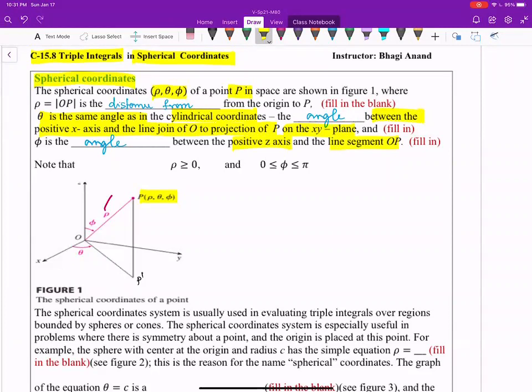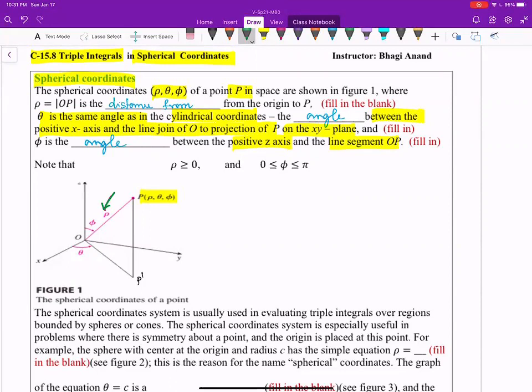So we are introducing rho, theta, phi. You already know theta. Rho is spelled RHO. It's a Greek letter. And then rho, theta, phi are the coordinates of the point P. Rho, as shown in this diagram, is the distance from the point O to P in space. P is a point in space, so from origin to P is a distance, that is rho.